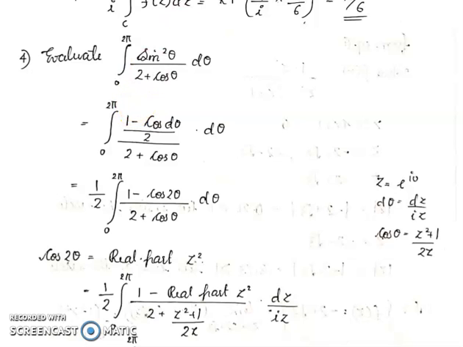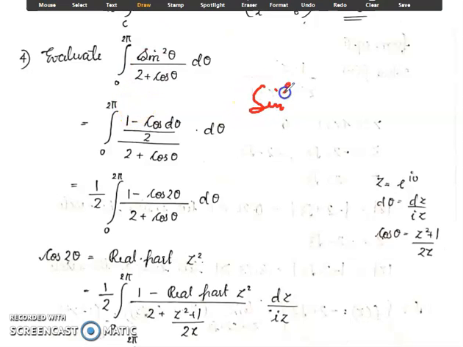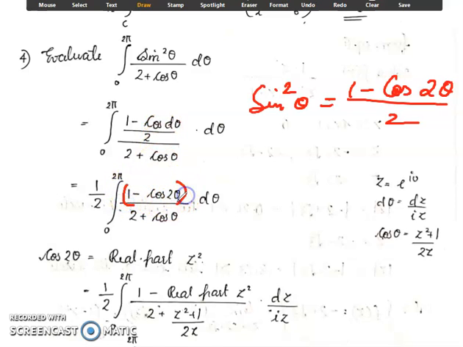So let me write that here. Sine square theta is 1 minus cos 2 theta by 2. So you can have 1 minus cos 2 theta, then denominator 2 plus cos theta. This 1 by 2 is taken outside here.